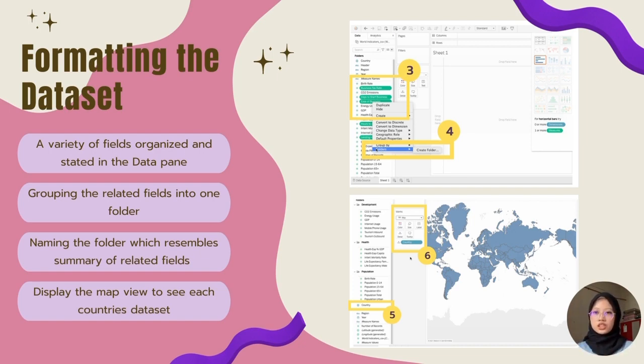Actually, in order to get the map view, you may click on the mark type on the mark pin and change to the map view, so you will get the dataset in a map view.